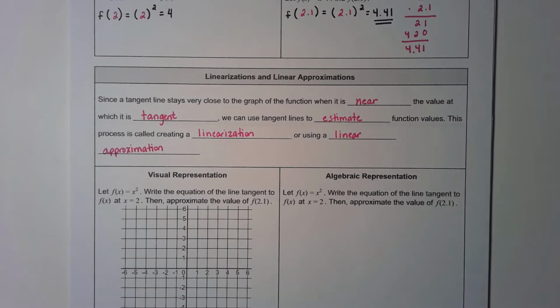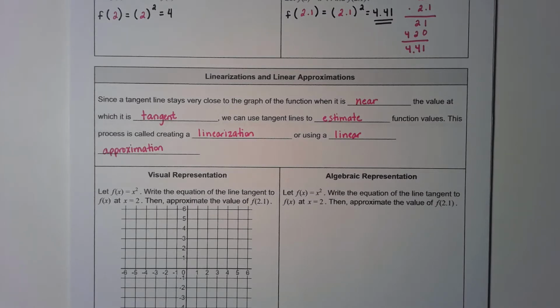So in other words, we're using a line to estimate a curve. So we're taking something that's curved, like x squared, and we're using the equation of the tangent line to estimate values of that function. A linear approximation is another way of saying the same thing, which is basically we are approximating the value of a function. In this case, we're approximating the value of 2.1 squared using a tangent line.